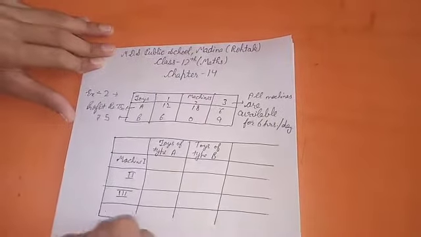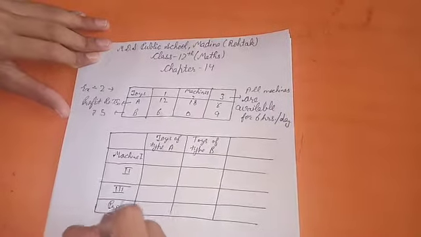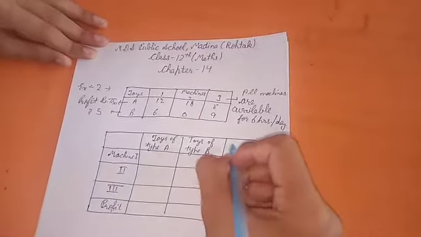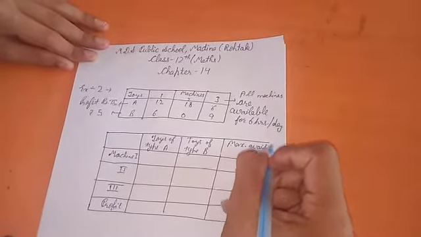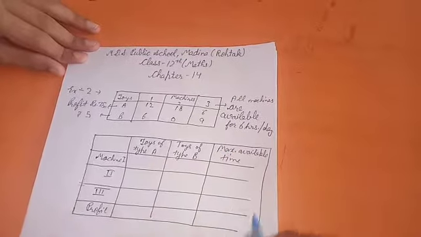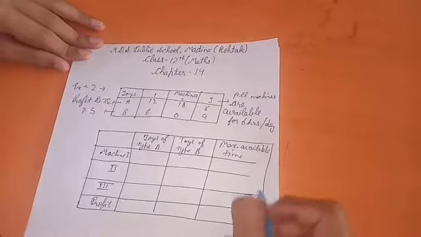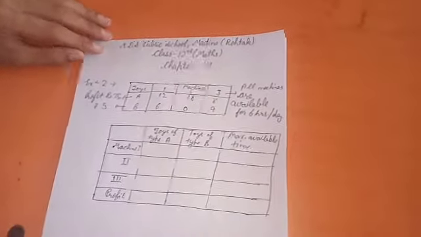Okay, here profit will also be given to us, profit, and here maximum available time. Okay, our table will be in this form and we will write all the quantities given to us.